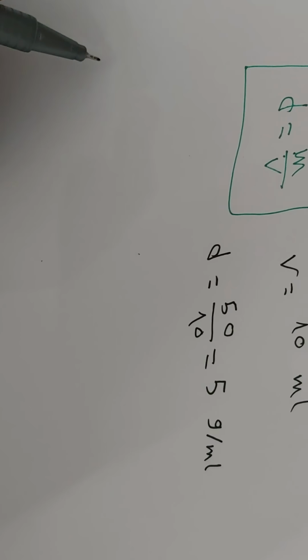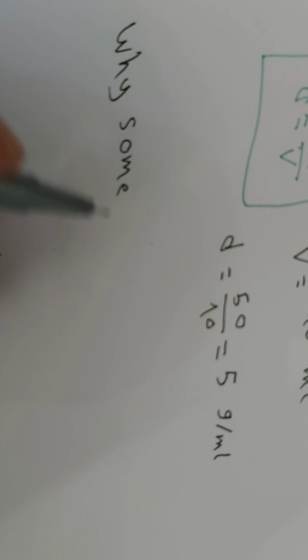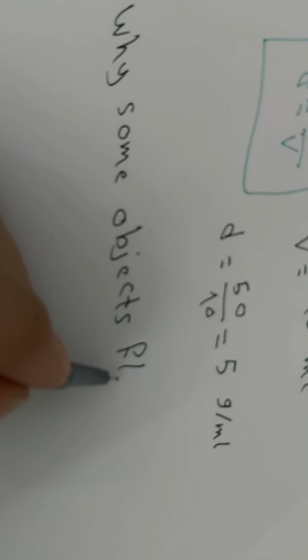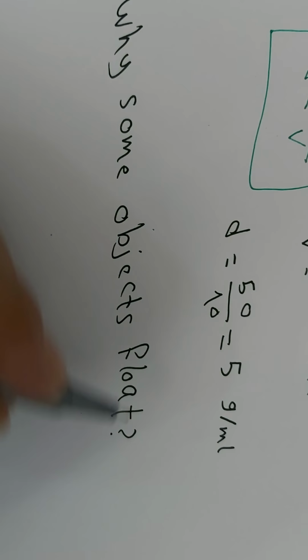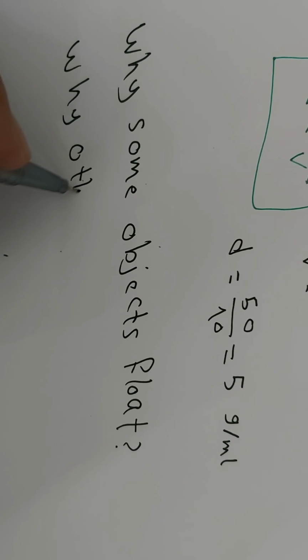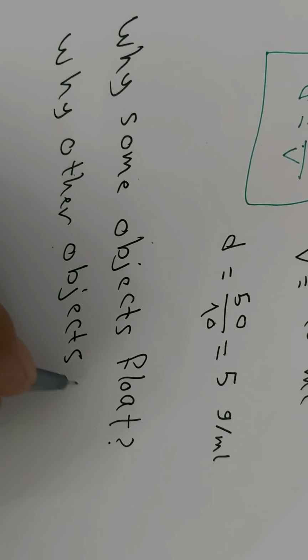So, why do some objects float and why do other objects sink?